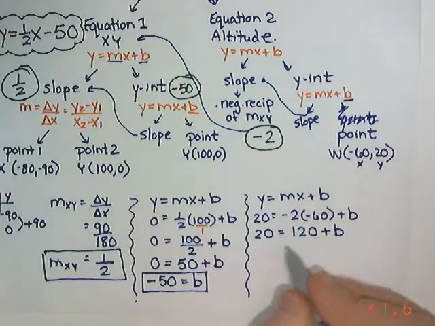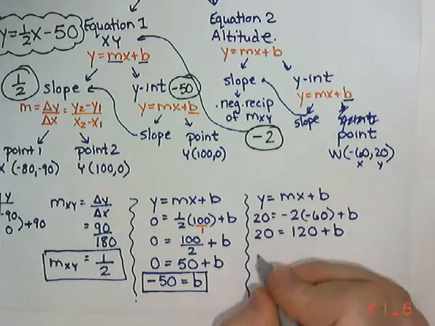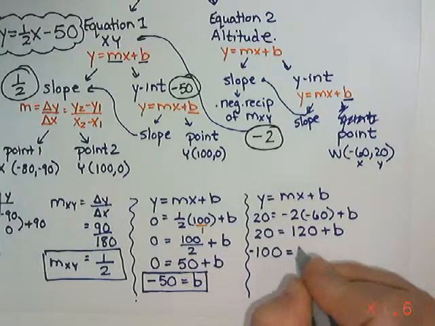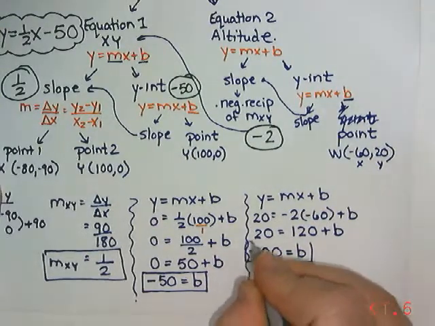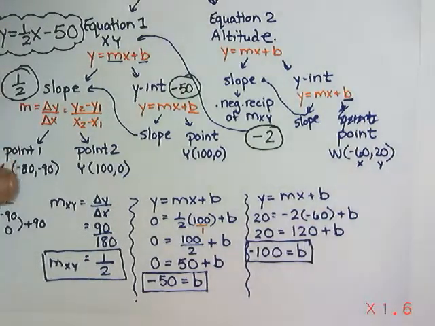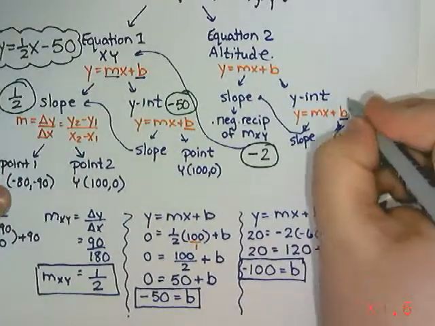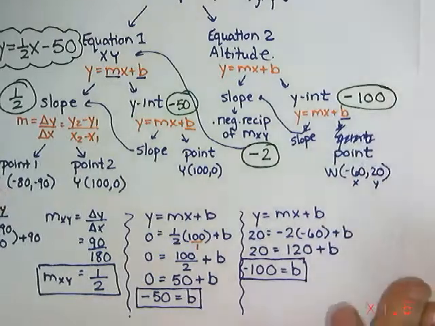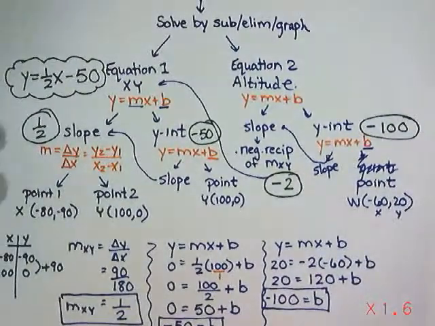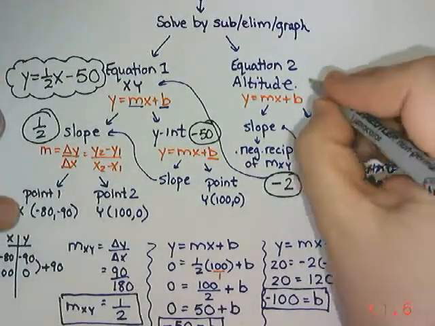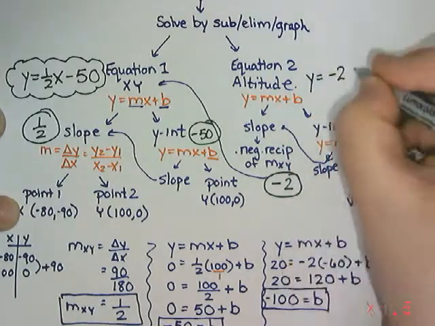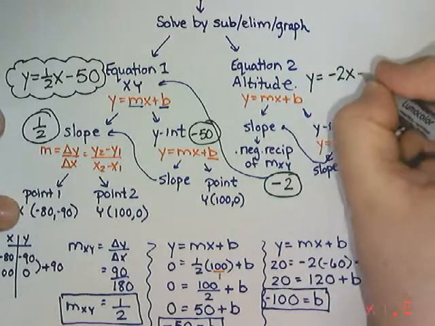And then I would subtract 120 from 20 to get -100 as my b. So I'm going to mark up here that my y-intercept is -100. So that means that the equation of the altitude is y equals -2x, that's the slope, take away 100.